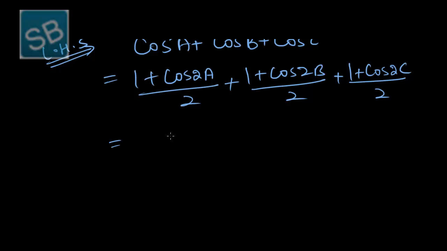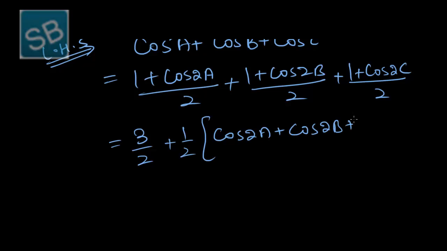So from here half plus half plus half, that is 3 by 2, and plus half cos 2a plus cos 2b plus cos 2c. That is, we get 3 by 2 plus half.